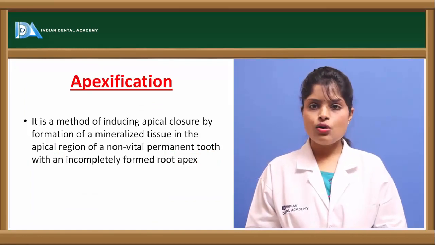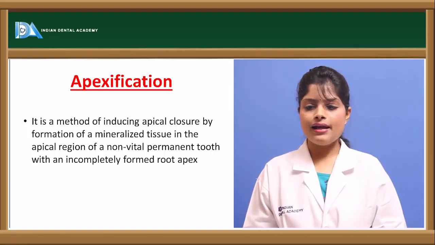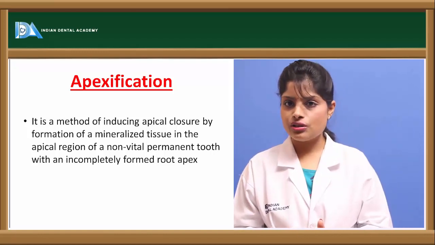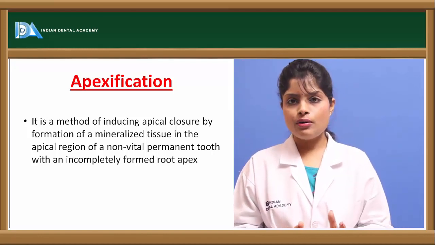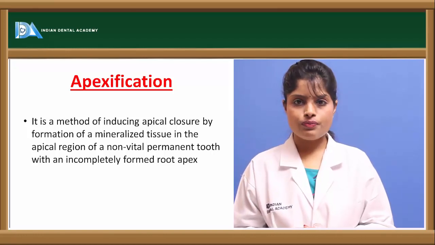Apexification is the method of inducing root end closure by the formation of a mineralized tissue in the apical region in a non-vital young permanent tooth with an incompletely formed root.